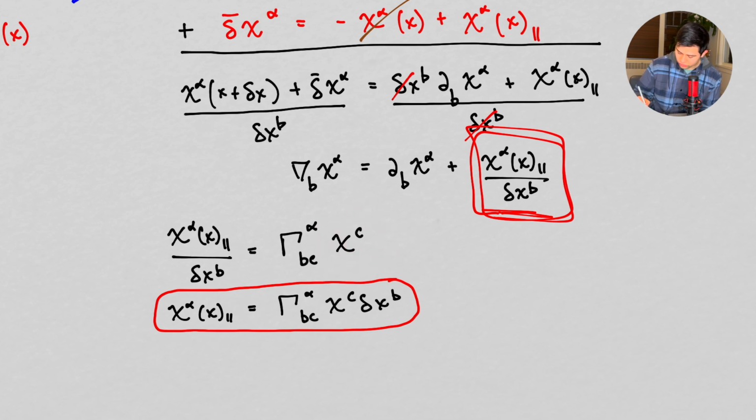This is that vector, and then multiply by the change, right? We're multiplying both sides by that small change. Okay, so we get this guy right here. So the connection coefficients tell us something about this degree of parallelism, okay?